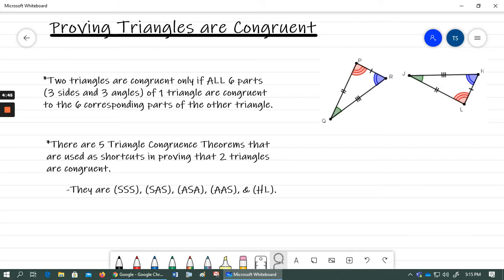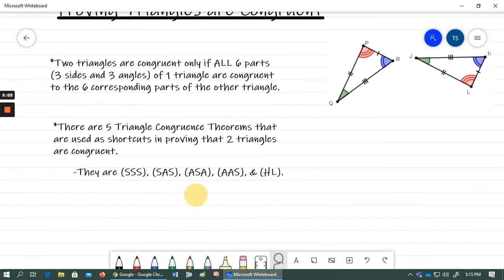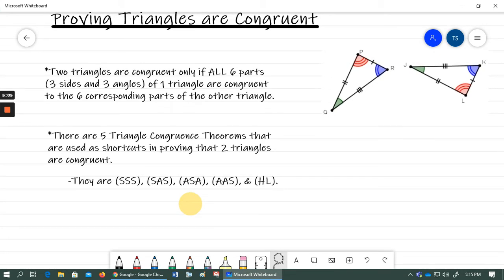So side, angle, side, as in SAS, and then ASA, AAS, and HL. And if you watched our last previous video, then you know that the H stands for hypotenuse and the L stands for leg, right? But anyway, we're just going to briefly talk about those 5, and then we're going to do some examples.